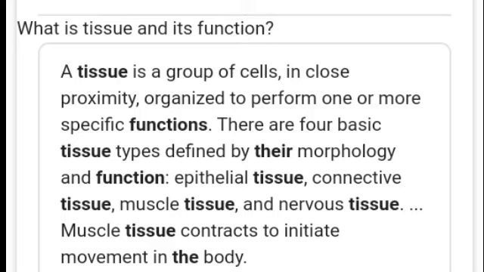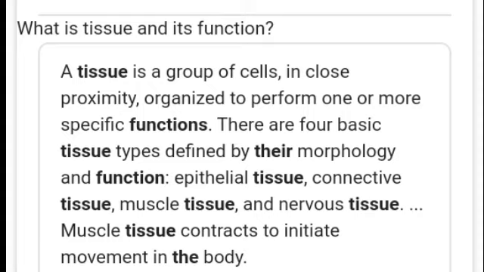For example, muscles help in locomotion, nerve cells help in the conduction of messages, and blood performs the work of transportation of materials. According to the function of these cells, they become morphologically different. This phenomenon is known as what? Differentiation.